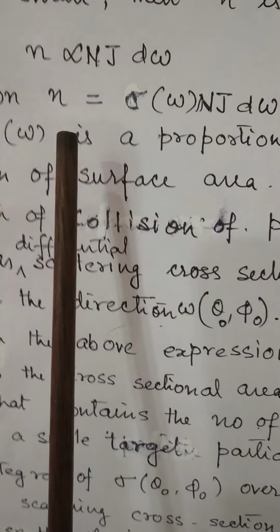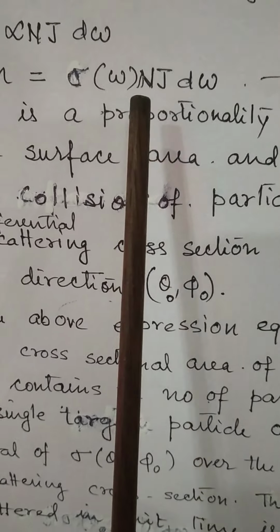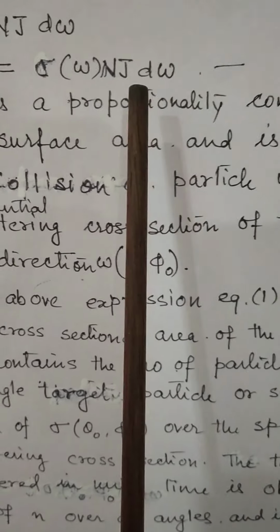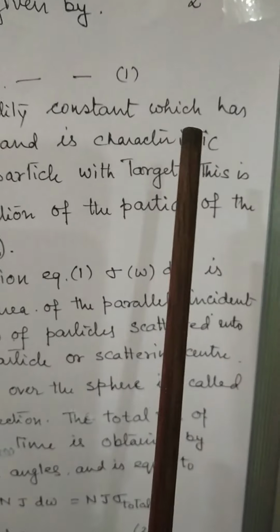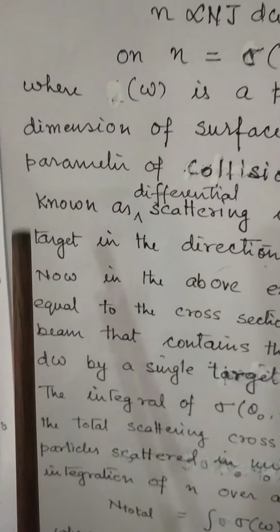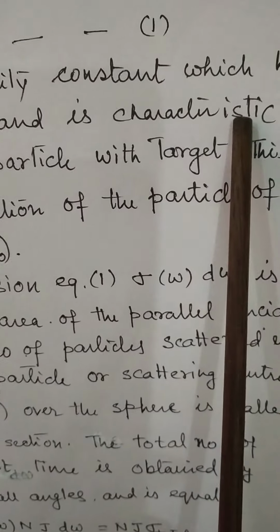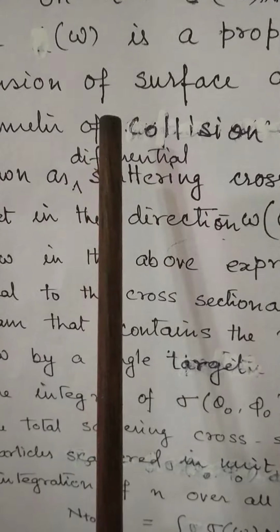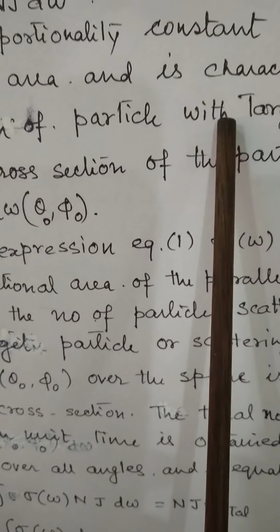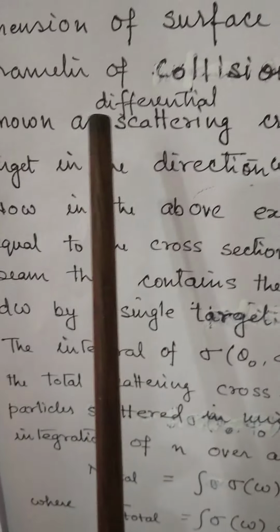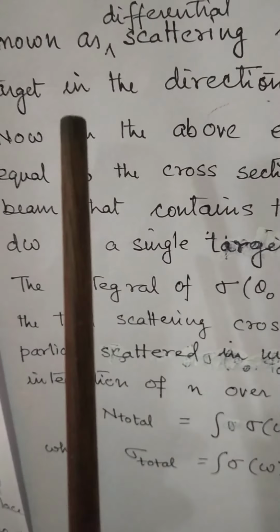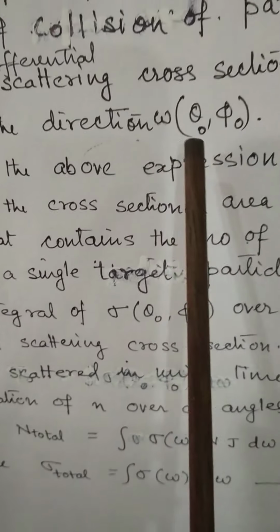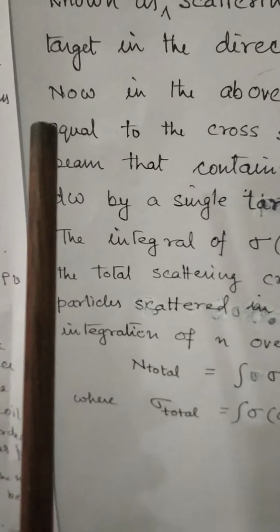Or we can write small n equal to sigma of omega, capital N, J multiplied by d omega, where sigma omega is the proportionality constant which has dimension of surface area and is a characteristic parameter of collision of particle with target, now known as the differential cross-section of the particle of the target in the direction omega, which is a function of theta 0 and phi 0.